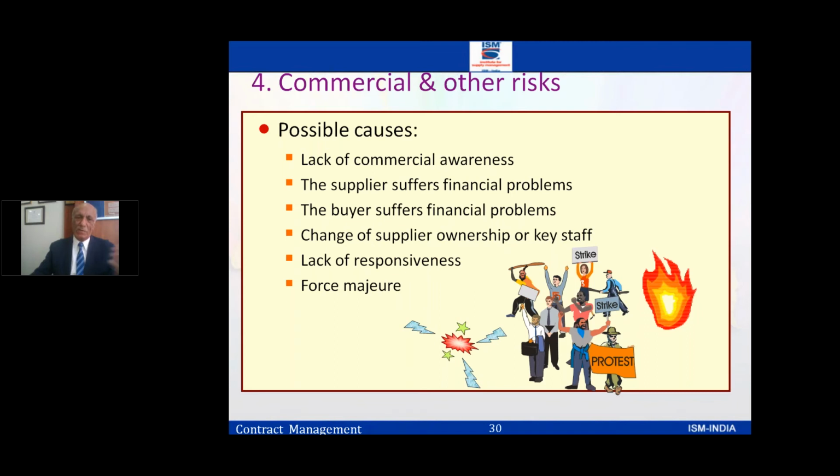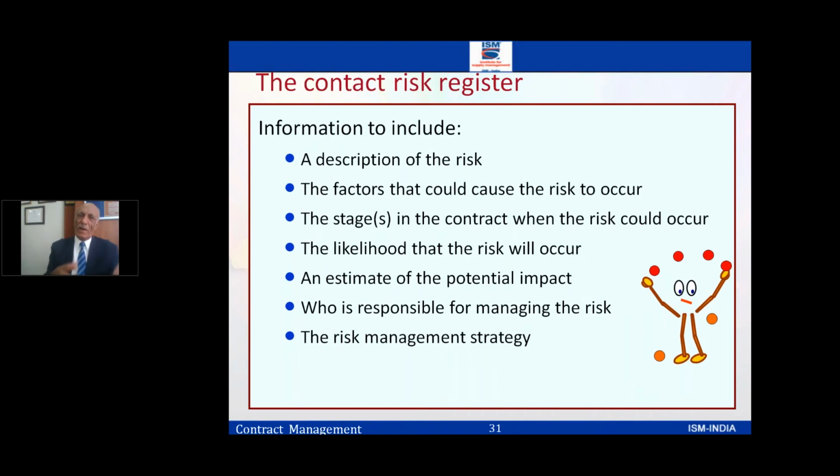Commercial could be in the terms, the lack of responsiveness, change of supplier ownership, the company has been taken over by somebody, there's a strike, there's a protest. As you can see in the pictorial part, there could be many other causes. So you need to define all this information in the contract risk register. That's what we call risk.